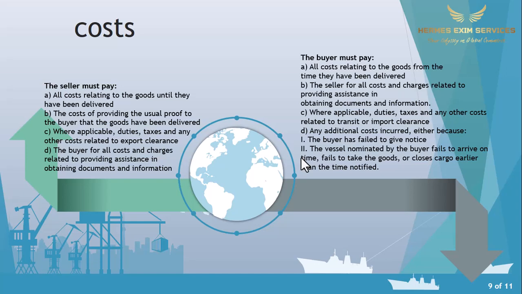The buyer must also pay any additional costs incurred, either because the buyer has failed to give notice or the vessel nominated by the buyer fails to arrive on time, fails to take the goods, or closes cargo earlier than the time notified, provided that the goods have been clearly identified as the contract goods.